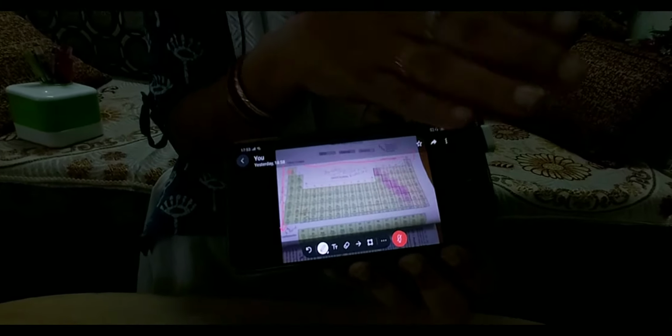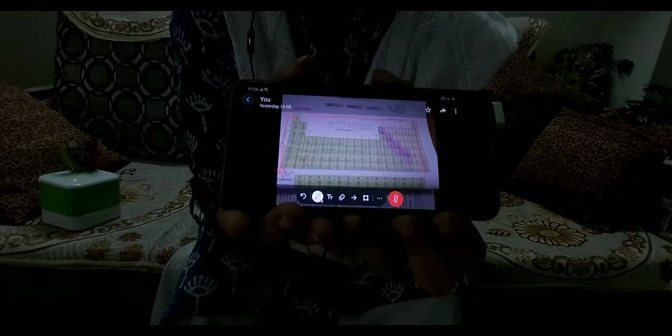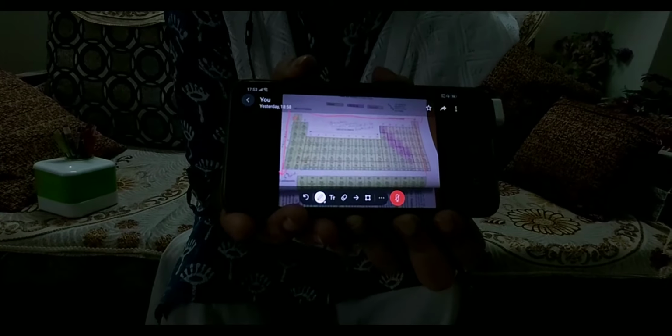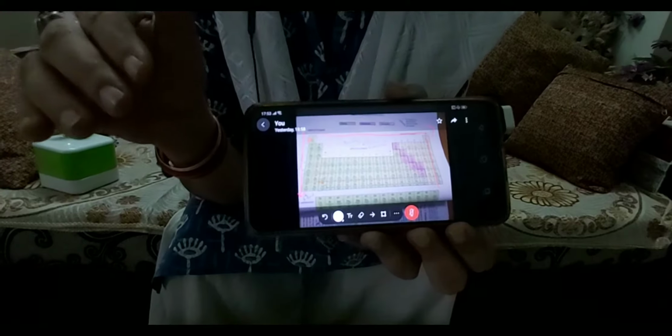They are placed on the extreme right of the periodic table, this way. They are called as the zero group elements or the noble gases. They are helium, neon, argon, krypton, xenon and radon.